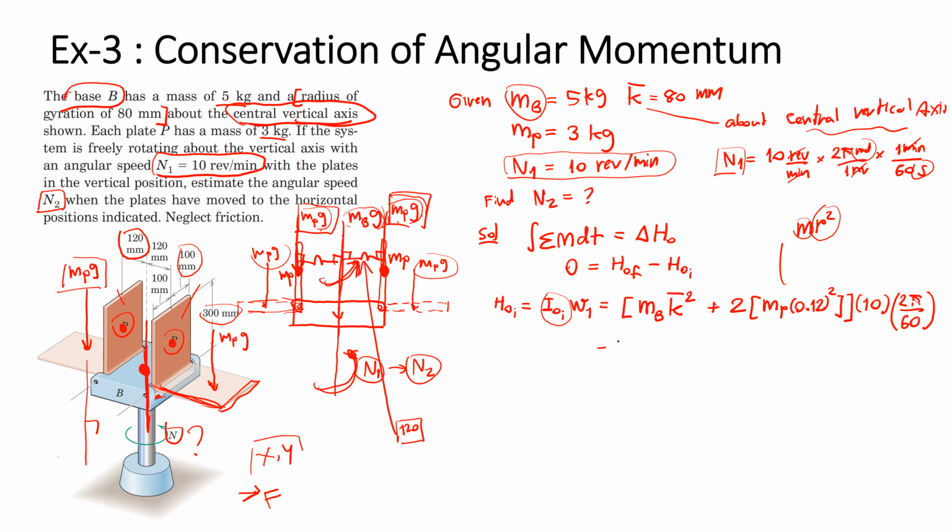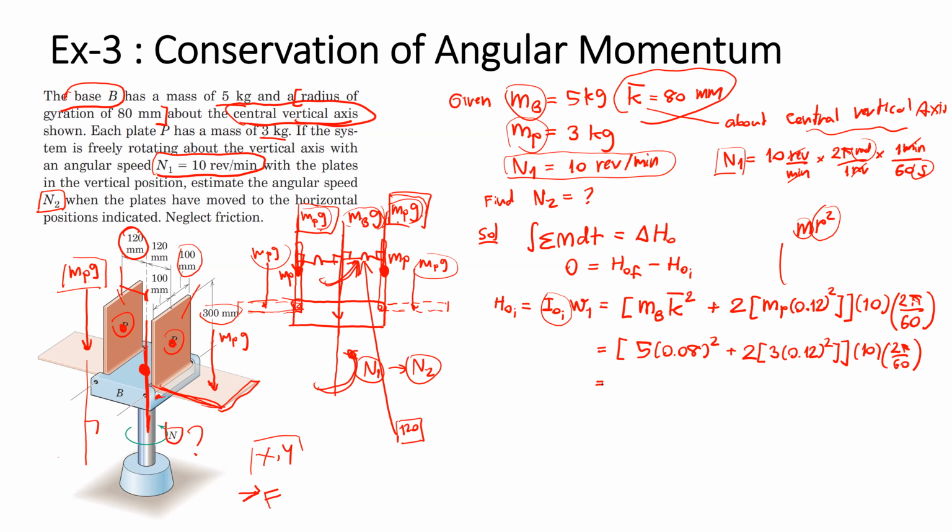And by substituting the known information, the mass of the base 5 kilogram, radius of gyration 0.08 square, and 2 of the mass of the plate 3 kilogram, and the plate has 120 millimeter distance from the axis of rotation square, and 10 and 2 pi per 60.